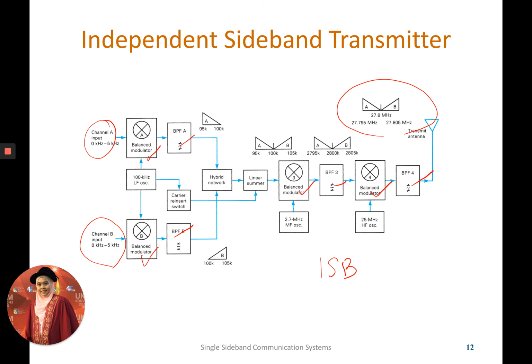Okay, I don't want to explain this in detail. If you are interested, you may refer to any electronic communications books. They explain it in detail under the single sideband system.